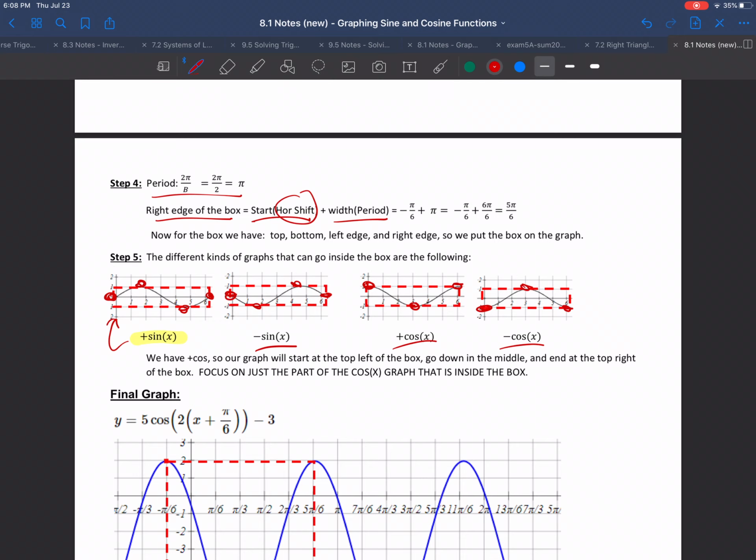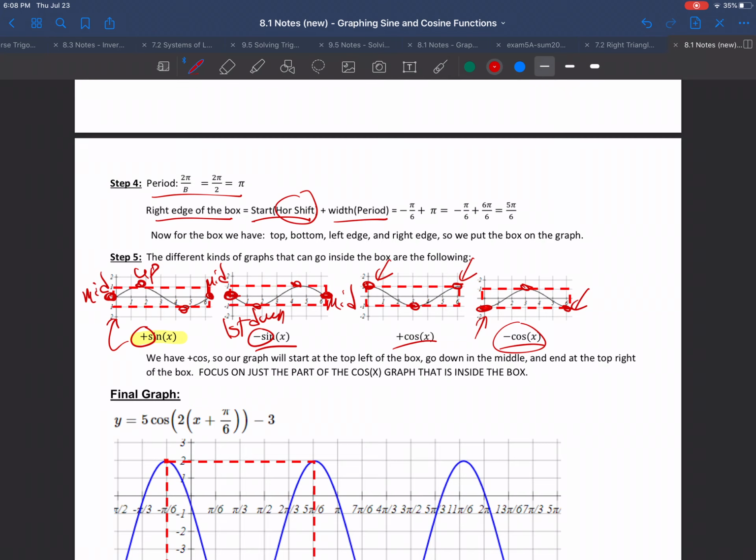Notice that cosine graph always starts high and finishes high, or starts low and finishes low if it's negative, whereas the sine graphs always start in the middle and finish in the middle, don't they? It's just they go up first if they're positive, they go down first if they're negative, but they still start in the middle, finish in the middle.